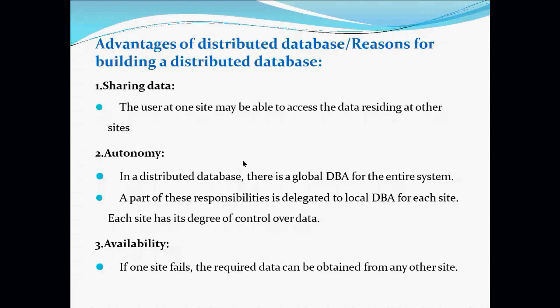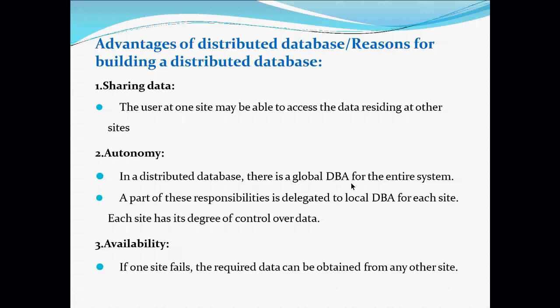When we learn something new, we always learn its advantages, why we are into it. There are 3 advantages discussed: sharing data, autonomy, and availability. Availability, obviously we know. When we have information dispersed over different locations and one site fails, we can retrieve the information from the other site where it is available. That is availability. Autonomy: in a distributed database, there is a global DBA for the entire system.